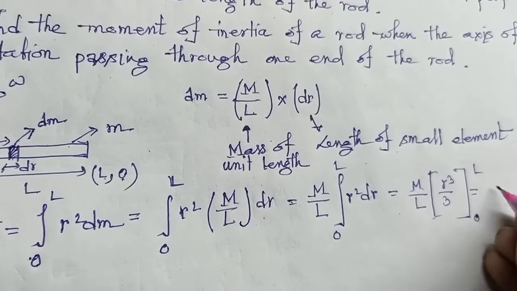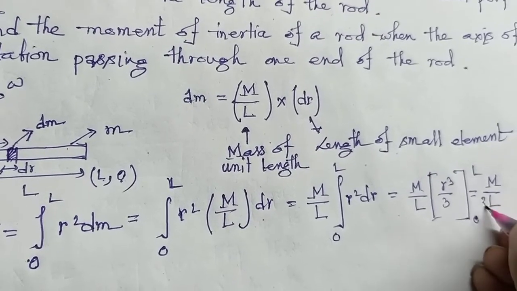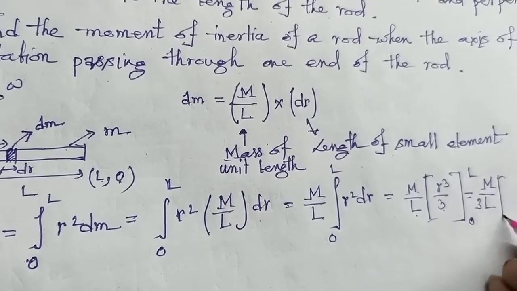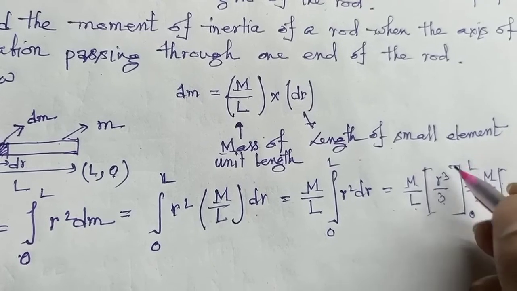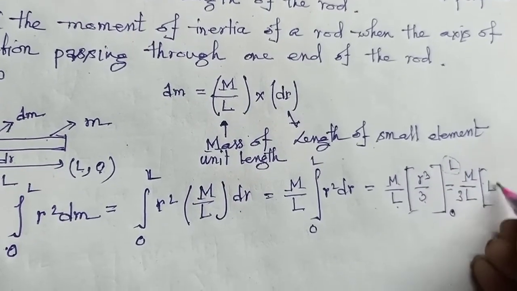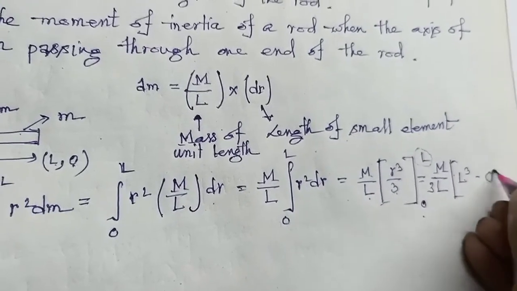If we put the limits, then M divided by 3L, because 3 is constant, it comes outside. First we put the upper limit, which is L, so L cube, minus the lower limit, 0 cube.